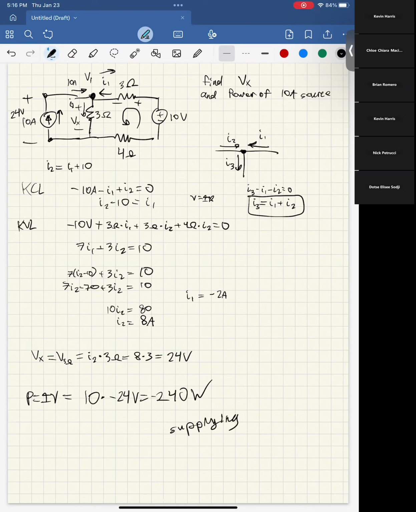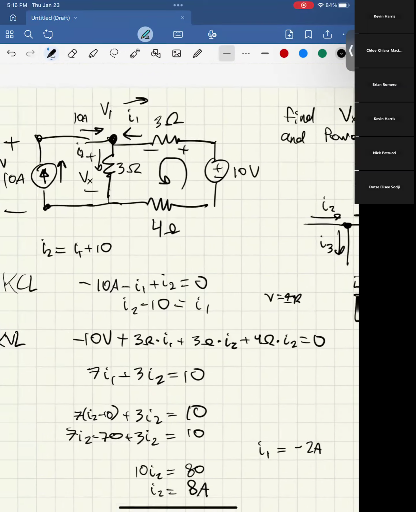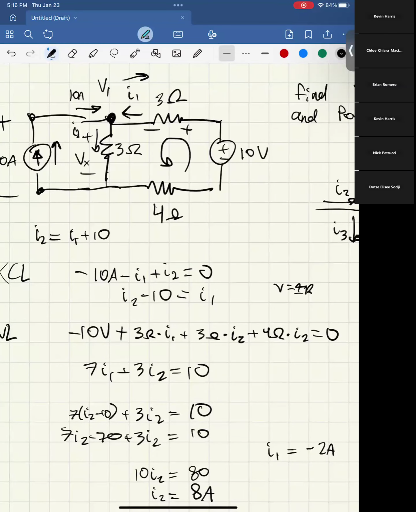Let me look at the questions that I've missed here. Wouldn't the 4 ohm resistor...? Okay, for this 4 ohm resistor, someone asked if I messed something up. Yeah, I did make a mistake here, kind of. I got the answer that they got in the key. The math is fine.